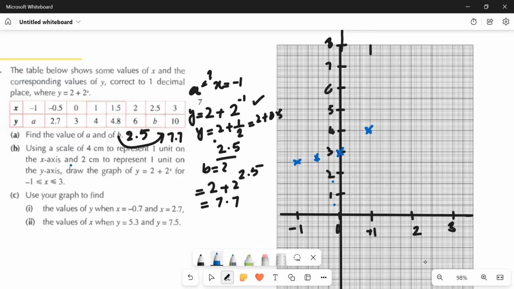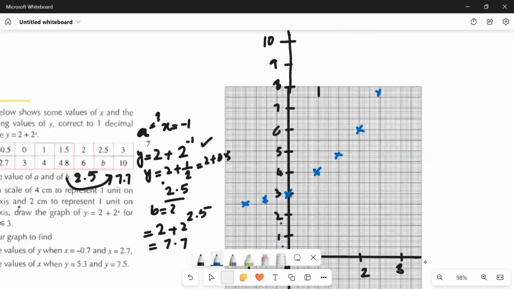Then 1.5 is 4.8 here. Then 2 is 6. And 2.5 is 7.7 here. And for 3 it is 10.